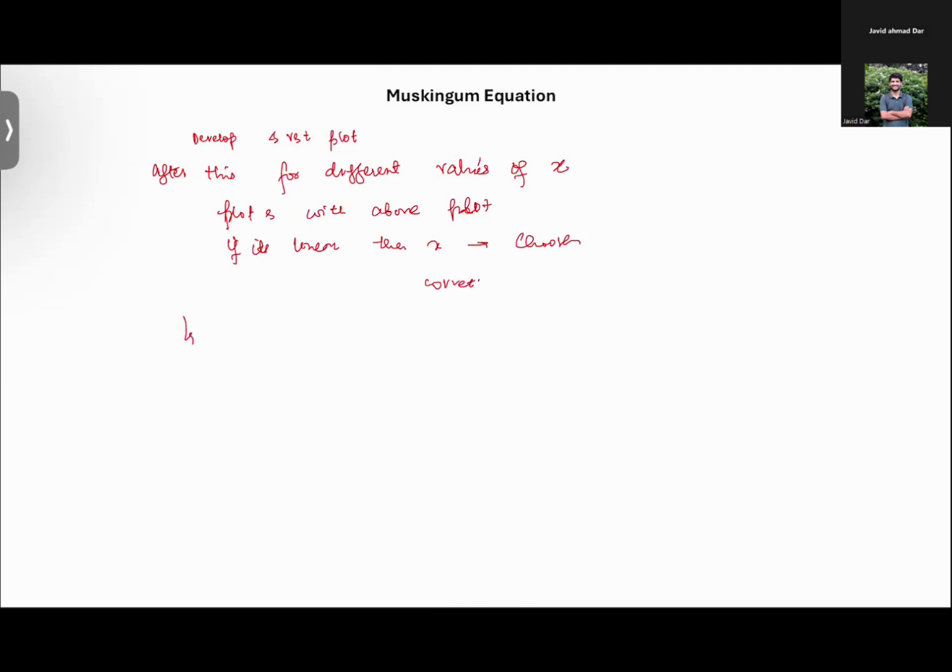And once x is chosen and computed, we can calculate the value of K by simply inverting the slope of the straight line. I think it will be clear through the problem only.